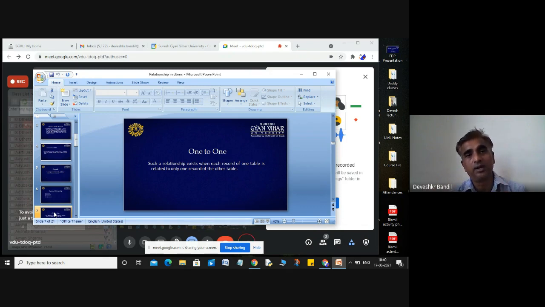Means when one entity is related to one entity, it's called a one-to-one relationship. Also you can say this relationship exists when each record of one table is related to only one record of the other table.